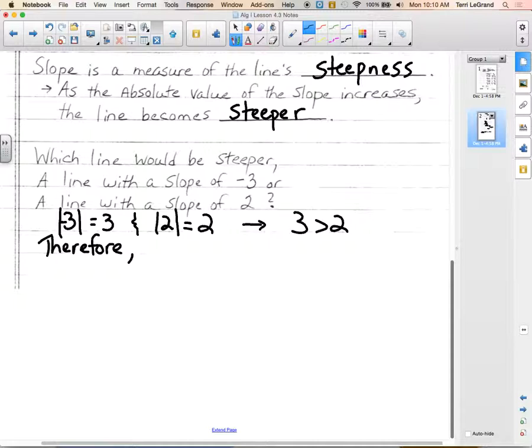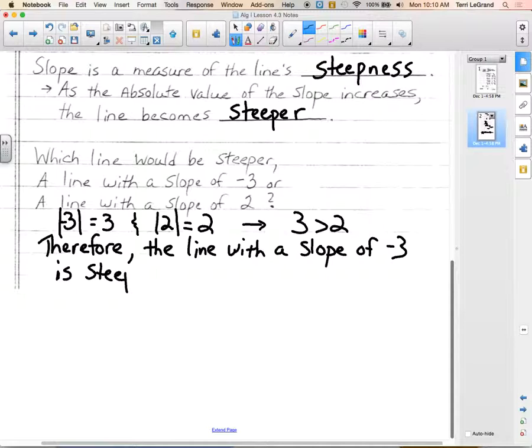So we're going to say, therefore, the line with a slope of -3 is steeper than the line with slope of 2.